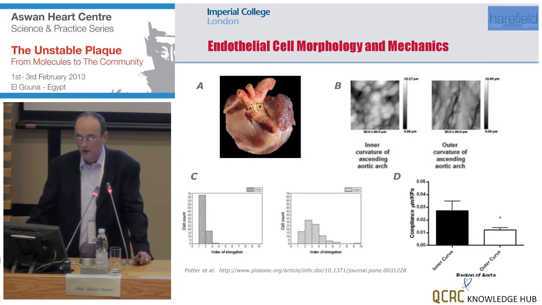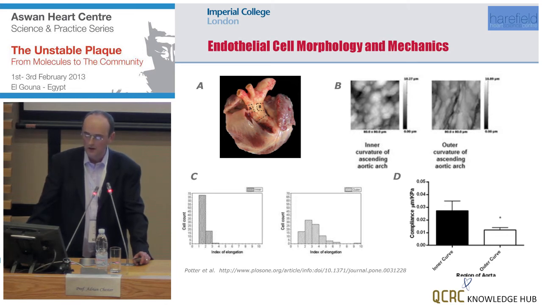So going on to those changes in membrane fluidity and therefore potentially changes in stiffness and the mechanical stress that endothelial cells see, it was interesting to see a recent paper published by a group at Imperial whereby they looked at regions of the inner curvature of the aortic arch and the outer curvature, and imaging these cells with a scanning ion conductance microscope.